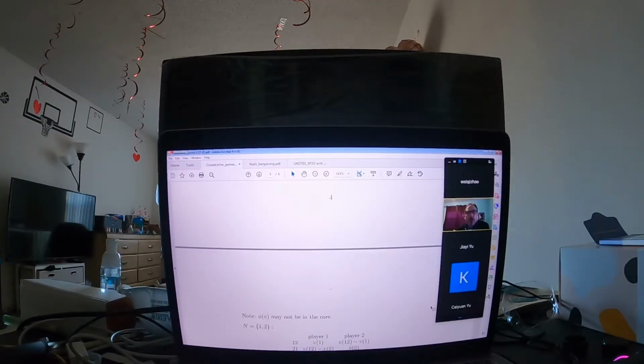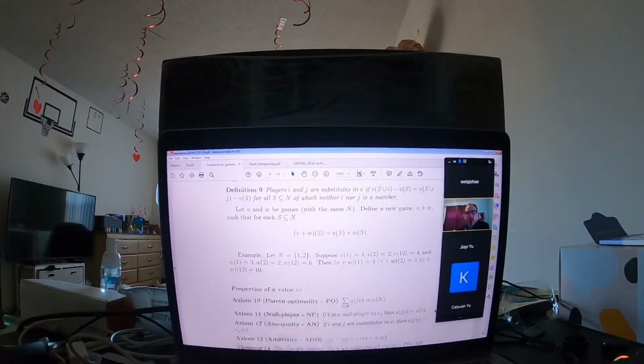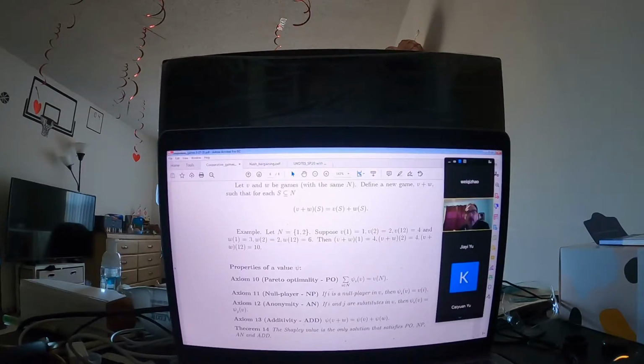And so I had begun to discuss the idea of listing out properties that we think a good solution, a good value, should satisfy. These are reasonable properties of any solution, of any method of apportioning the pie. We had gone through these quickly. I'd like to go through them once again.